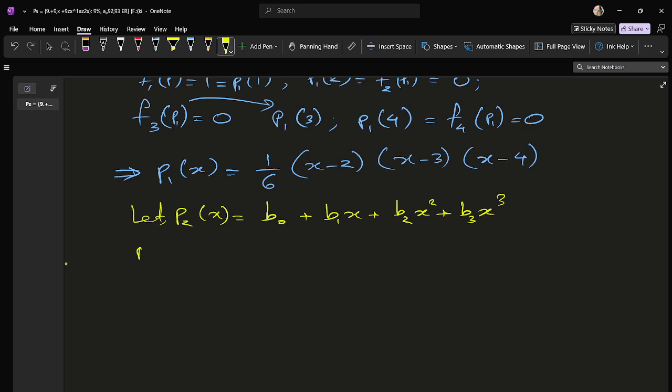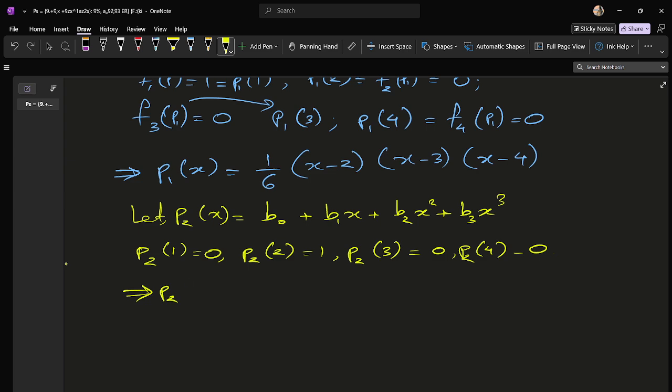Therefore, we must have p2 of 1 is 0, p2 of 2 is 1, p2 of 3 is again 0, and p2 of 4 is again 0. So p2(x) will be 1 by 4 times x into (x minus 3) and (x minus 4).